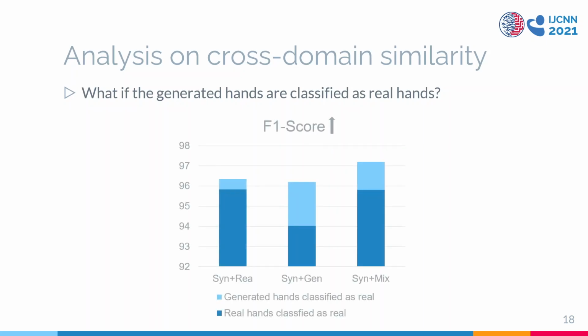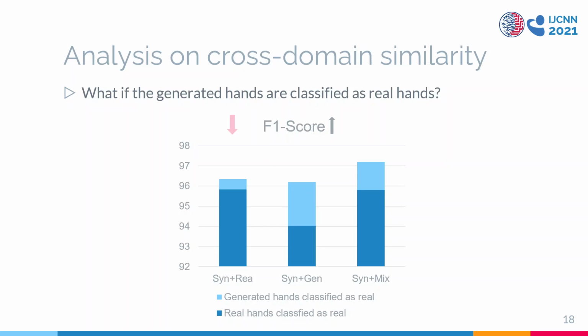In the bar chart, bars represent the composition of the training set. While the synthetic class doesn't change, the real class in the training set can contain real images of hands, generated images of hands, or a mix of real and generated hands. Colors represent the F1 score of the real hands classified as real and the generated hands classified as real.